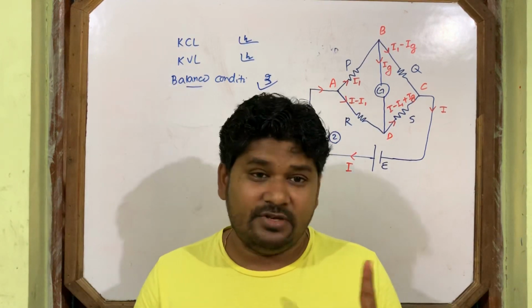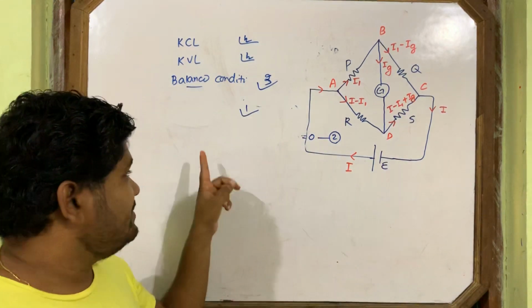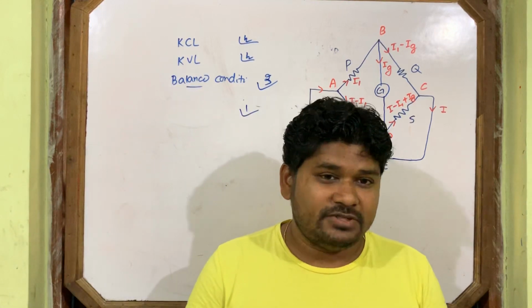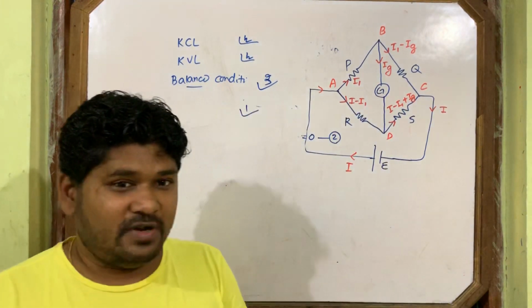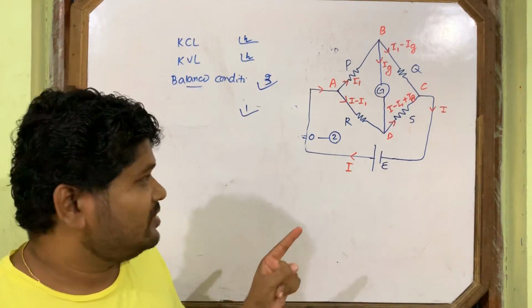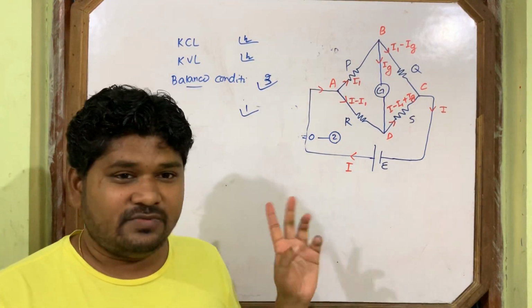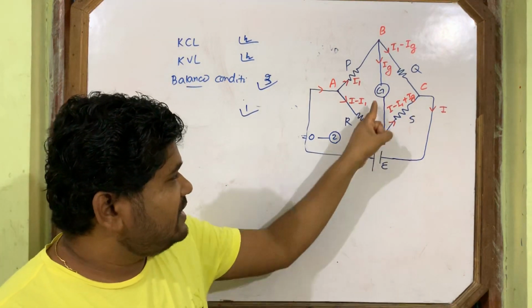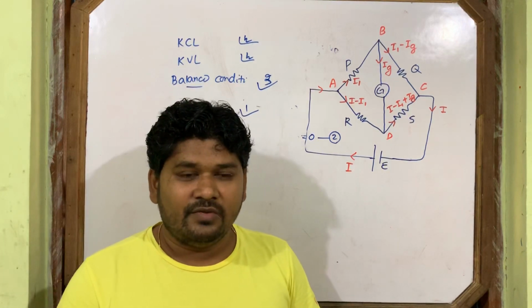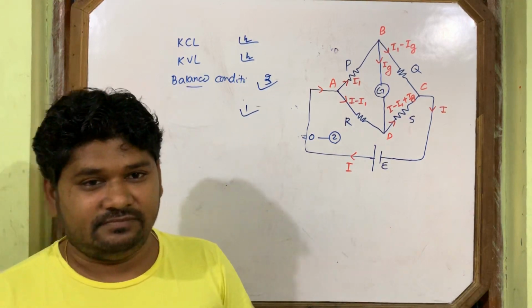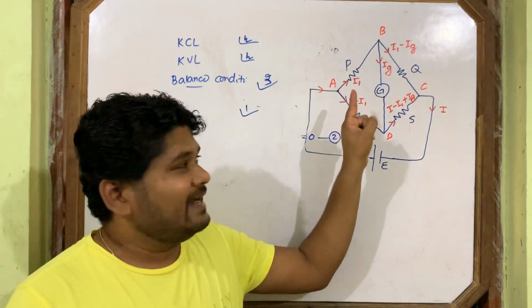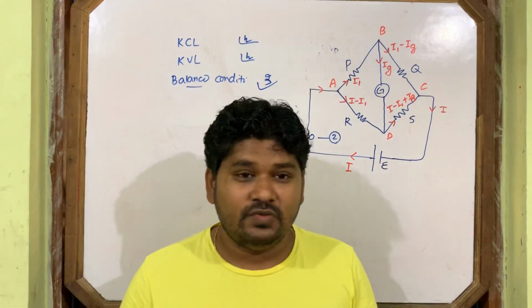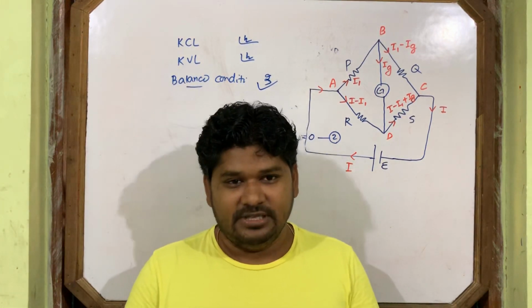Then another tail question may also be asked here. There are two tail questions from Wheatstone. This is very important, what I am going to tell. This one always comes in the exam, and also comes individually as a 1 mark question in the question paper. If the cell and galvanometer positions are interchanged, what happens to the balanced condition?